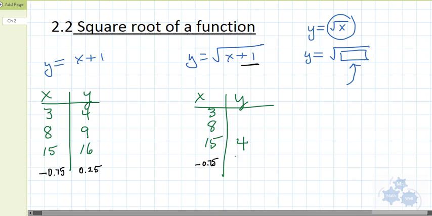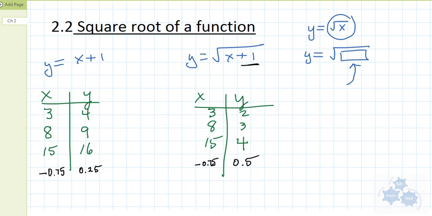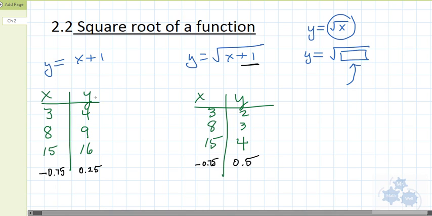All right, so negative 0.75 plus 1 we said is 0.25. What's the square root of 0.25? It's 0.5. Okay, that's very good. Now I see I got rid of some of this stuff. What was this, 2 and 3? Now I want you to notice something. Most of the time when we take the square root of a number, it gets smaller.